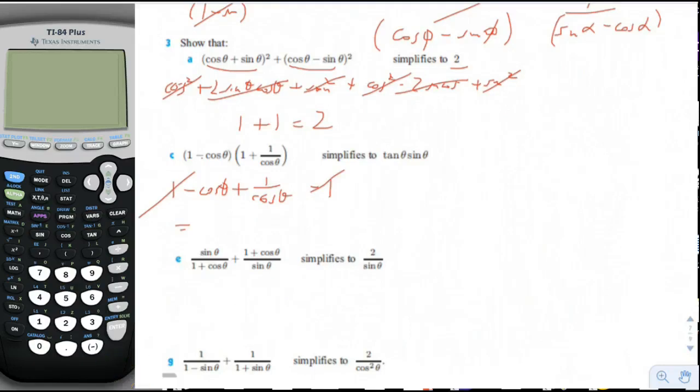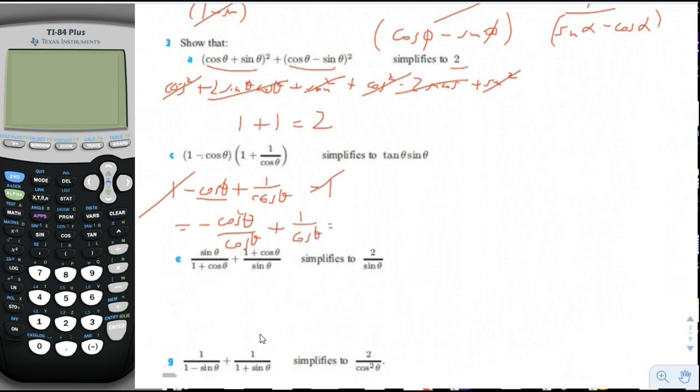What if we multiplied both of these. Let's see, we're going to multiply this one by cosine theta over cosine theta so that we can make a common denominator.